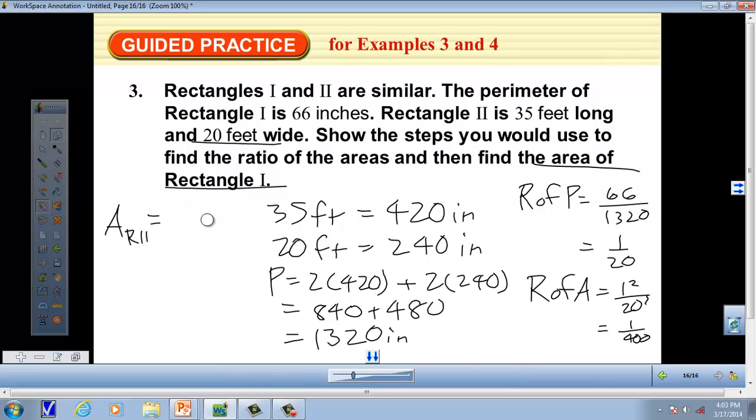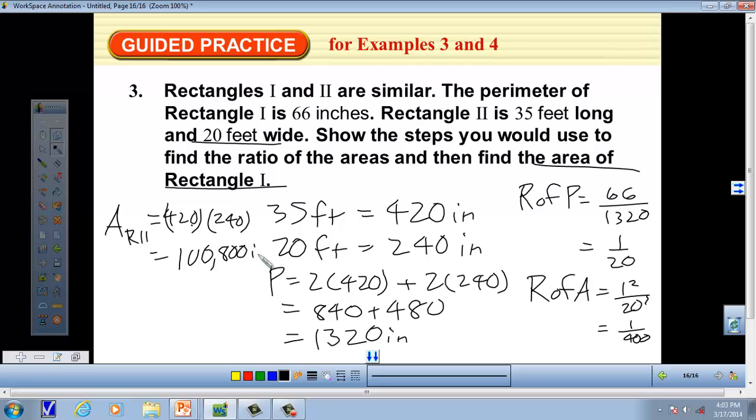No, I'm sorry. It would be 420 inches by 240 inches. Okay. And that gives us a big number, 100,800 square inches.